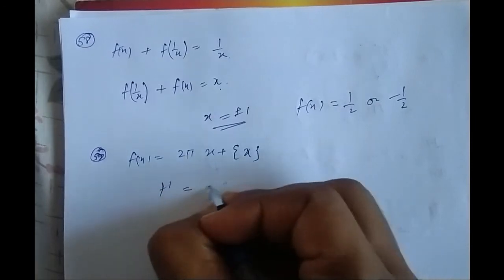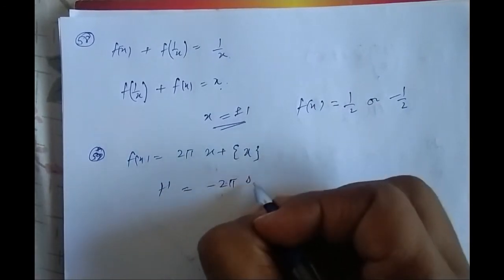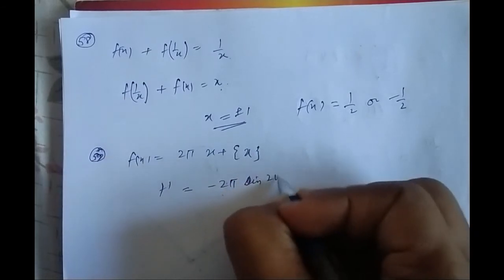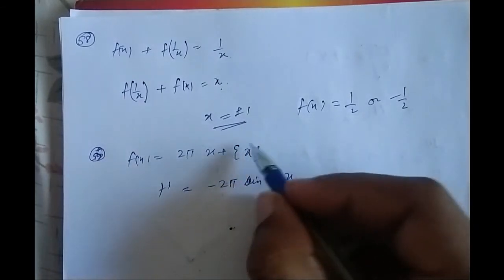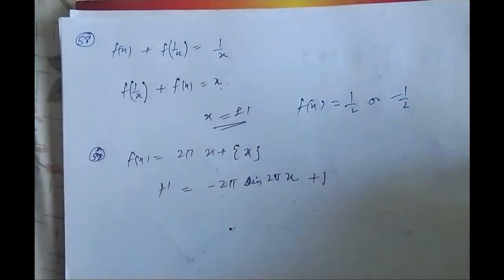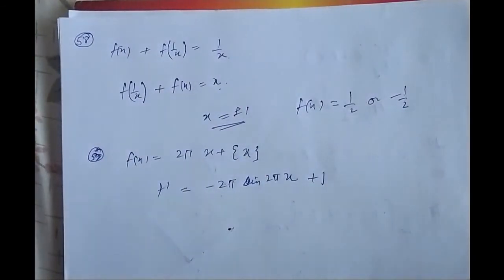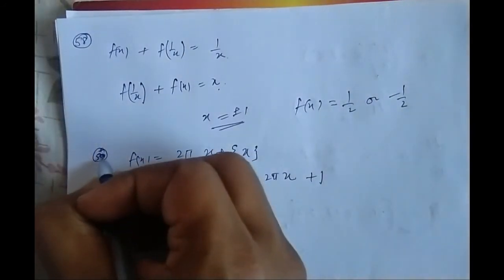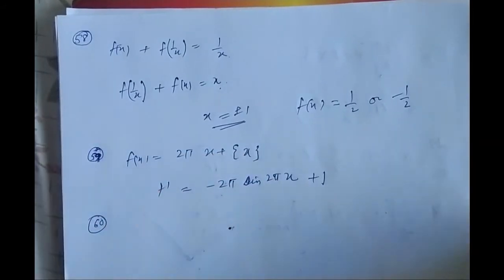So f dash will be equal to minus 2 pi sine 2 pi x, and the differentiation of the fractional part of x would always be equal to 1. Okay, so it tends to achieve maximum values at points which are close to or less than integers. Okay, but it still has a discontinuity, so it has no maxima. This is 59.